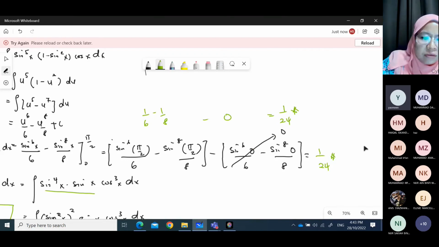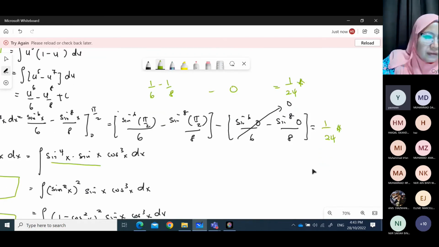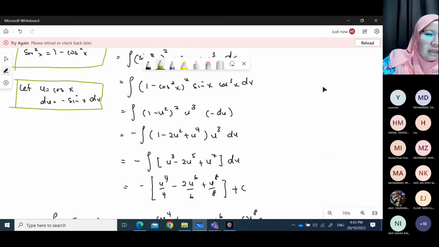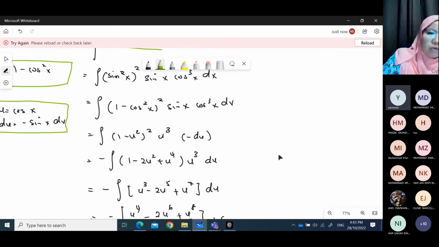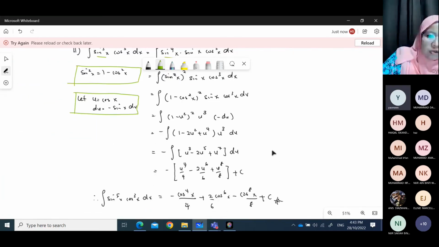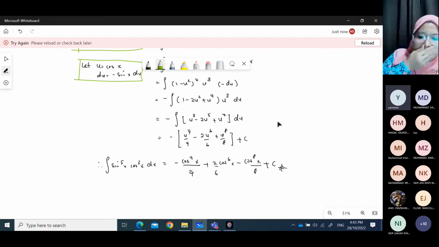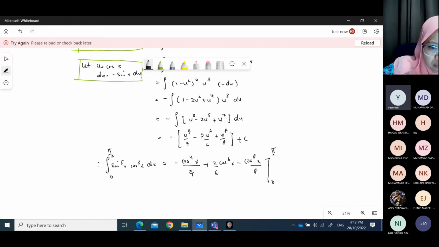Okay, yang second one. Yang this one. You masukkan limit 0 to pi over 2, dapat tak 1 over 24. Should be same lah, patutnya kena sama lah. Okay, so this one is 0 to pi over 2 and the limit pi over 2.